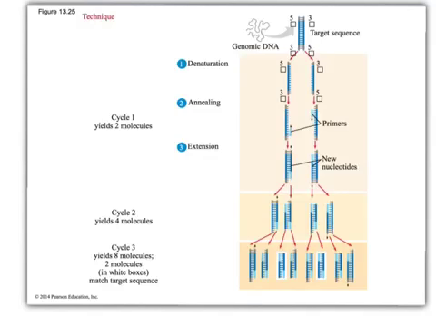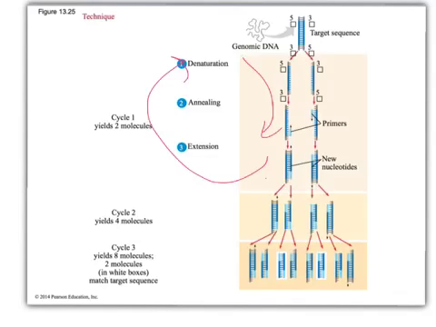The polymerase will synthesize that whole piece of DNA. For one cycle, through that process, you've created two copies of the original DNA that you started with. From there, I can go back to the denaturation part and cycle through again.